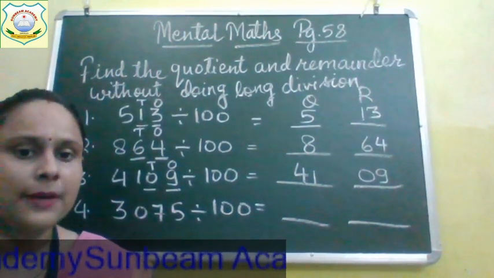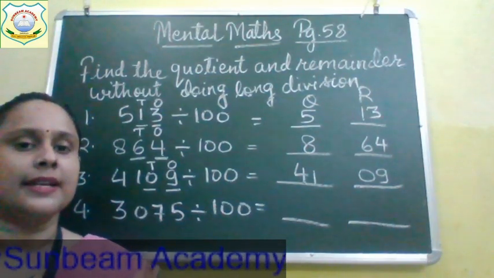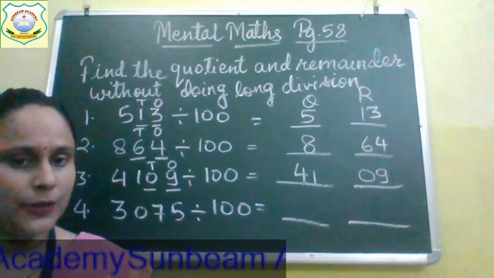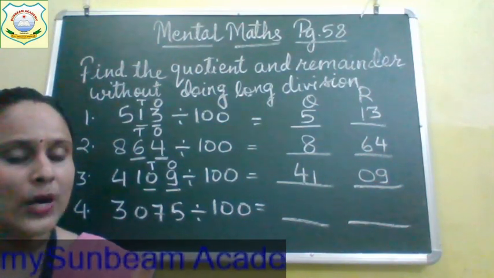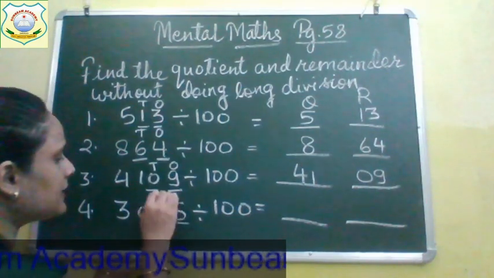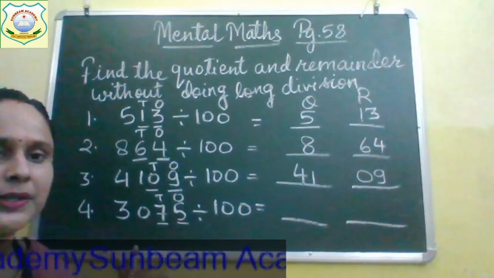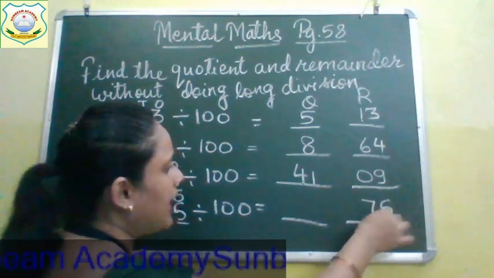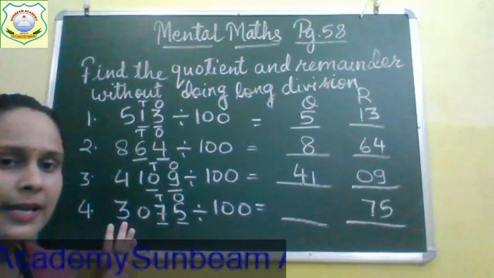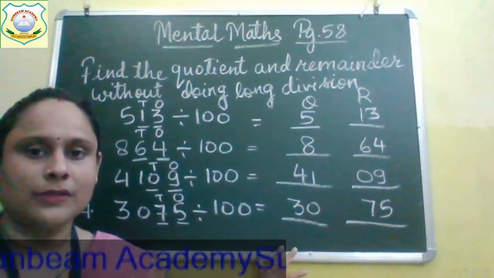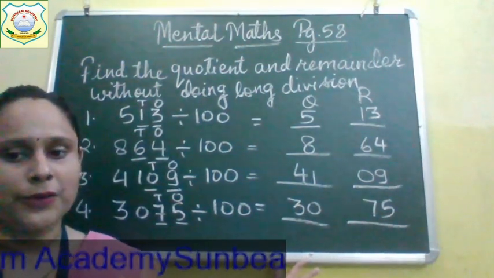If you divide any number by 100, the numbers in the tens and ones column will become the remainder. Which numbers are there in the tens and ones place? 75. Okay, so 75 will become your remainder. And which are the remaining numbers? 30, it will become your quotient. So complete it in your book, all of you, fill it.